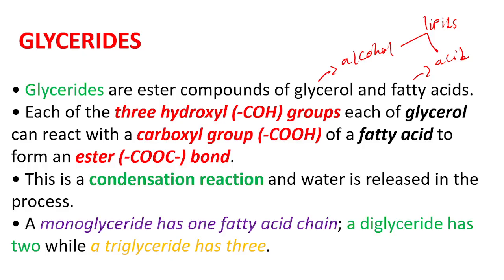Then when you look at these same guys, you have a monoglyceride which has only one fat acid chain, meaning only one water produced, so one H2O. Then a diglyceride has 2, so 2 H2O produced. Then the other one has 3, which is the most common one, and this one has 3 H2O produced.